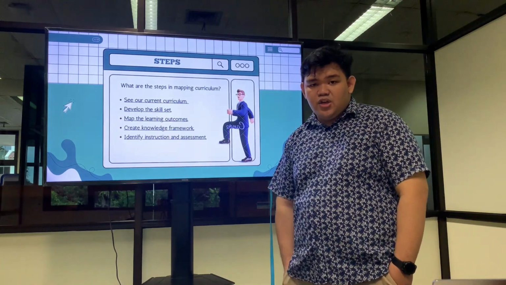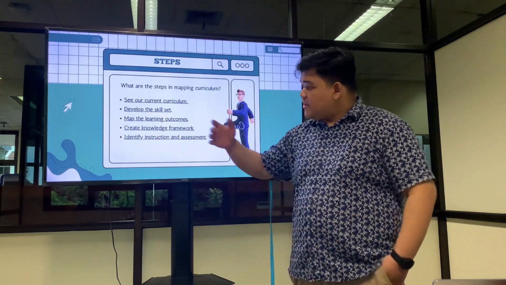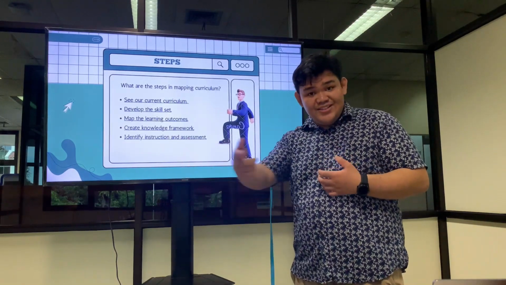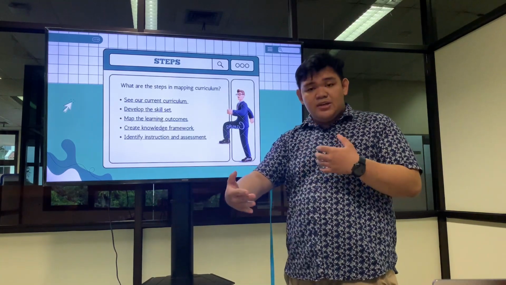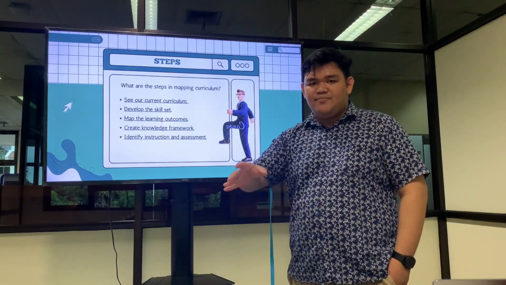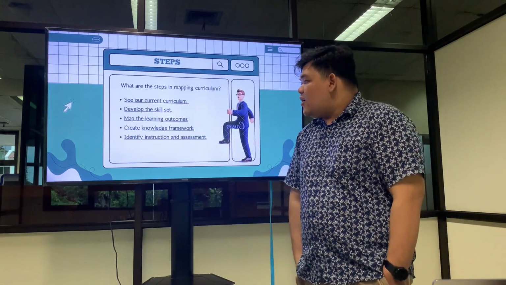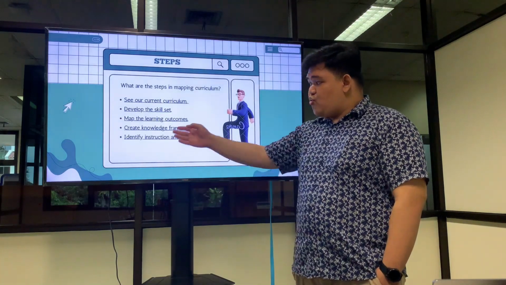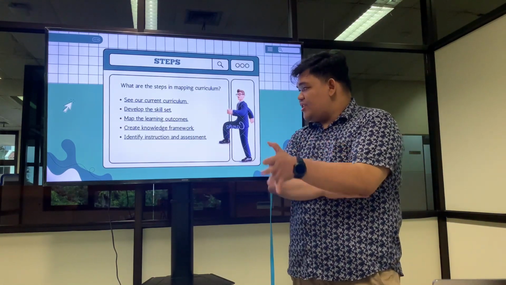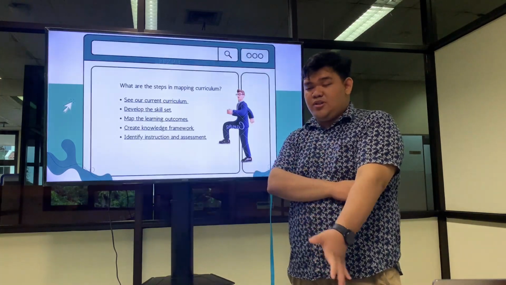What skill do you want to acquire, and then mapping the learning outcomes. What is your final destination, right? Still remember, we have to map the learning outcomes or what we are expected to get by the end of the semester or year. And then we have to create our knowledge framework, and then the last one is to identify instruction and assessment. It's very important also.